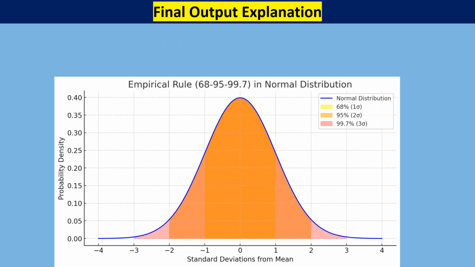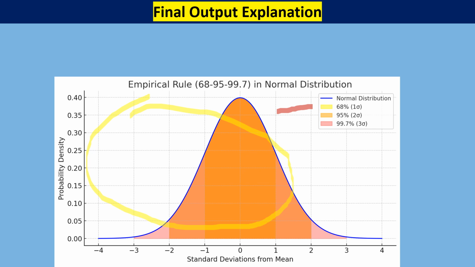The plot illustrates the empirical rule, 68, 95, 99.7, in a normal distribution. The bell-shaped curve represents the normal distribution, with a mean of 0 and standard deviation of 1. The shaded yellow region is 68% of data within one standard deviation from the mean.